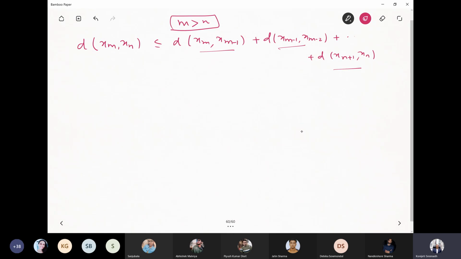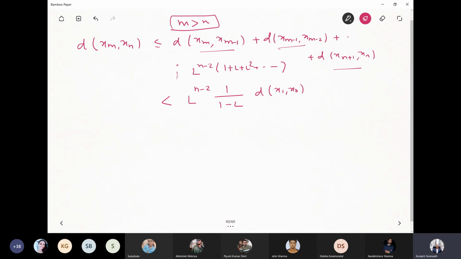Okay, so you just plug in those inequalities that I had earlier. So you get this to be less than L to the power n minus 2 into 1 minus L. Basically, you write all the terms that you get: L to the power n minus 2 into 1 plus L plus L square and so on.